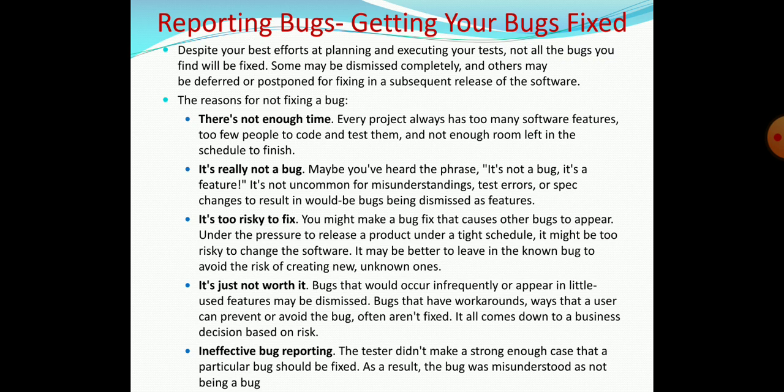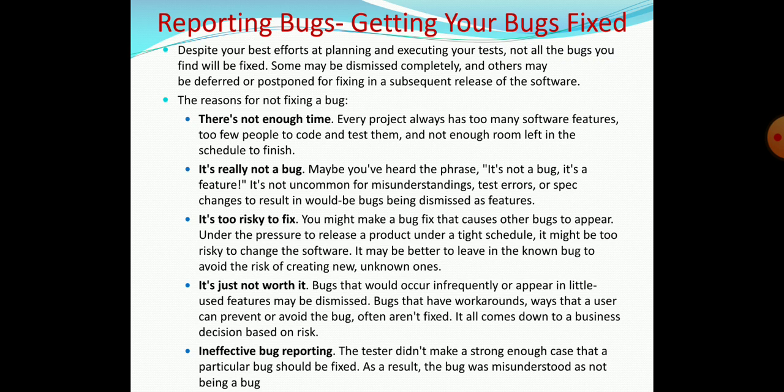Then, it is just not worth it. So bugs that would occur infrequently or appear in little used features may be dismissed. Bugs that have workarounds, ways that a user can prevent or avoid the bug, often are not fixed. It all comes down to a business decision based on risk.